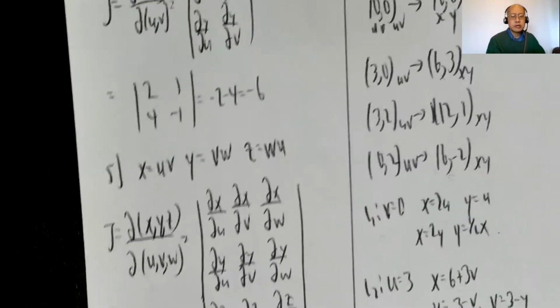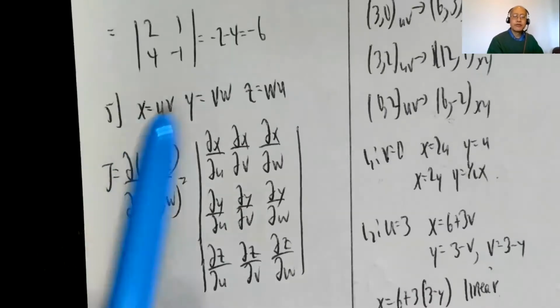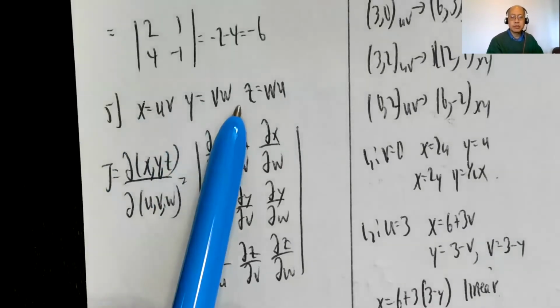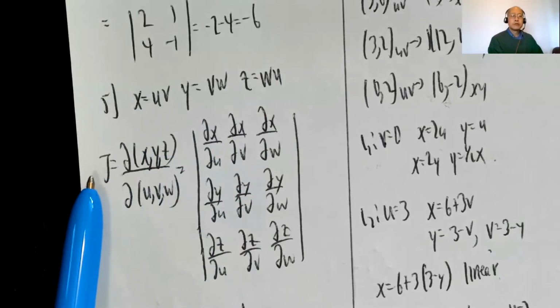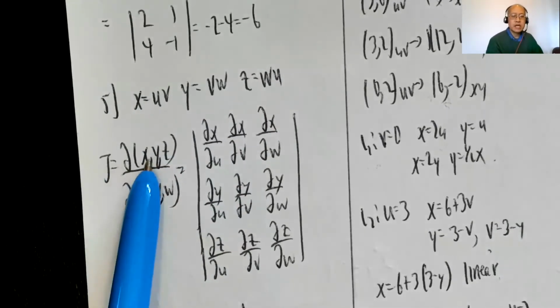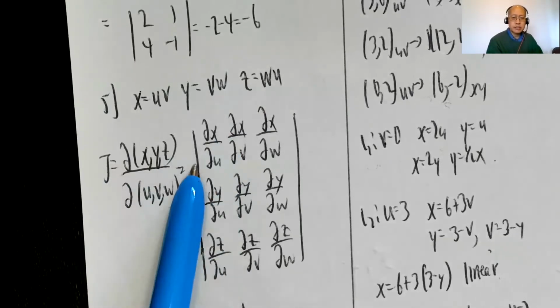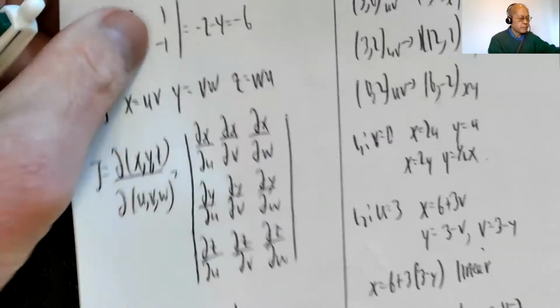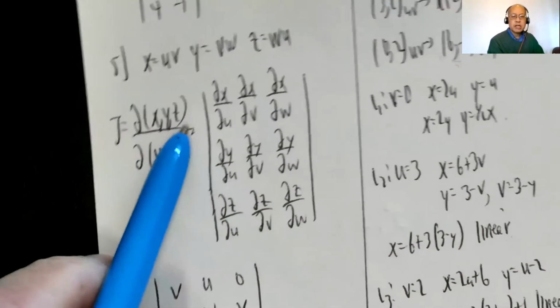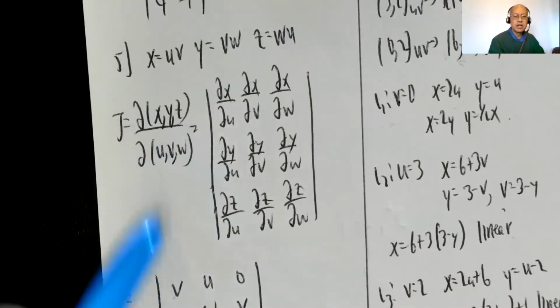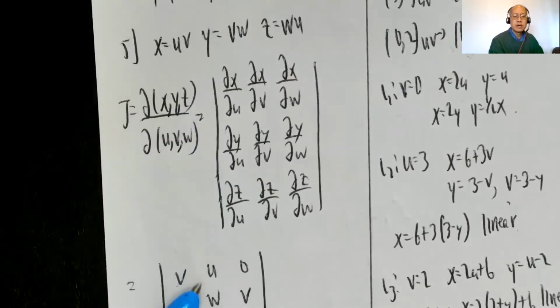Then I did a three-dimensional Jacobian for you. x is uv, y is vw, z is wu. So the Jacobian is the partial of x, y, z with respect to u, v, w. Partial of x with respect to u is v. Partial of x with respect to v is u.